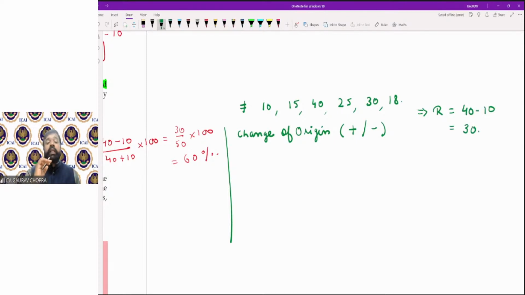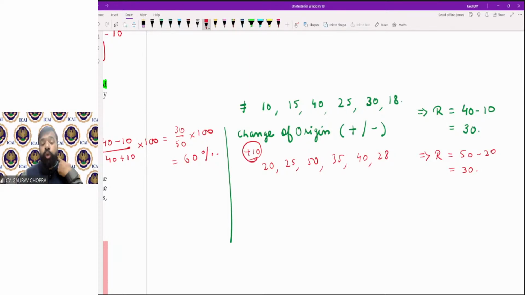Now if I am increasing all the observations by 10, then what will be the new range? Okay, let's check. If I am doing plus 10, observations will become 20, 25, 50, 35, 40, and 28. Now the new range will be highest value 50, lowest value 20, and the range is again 30.